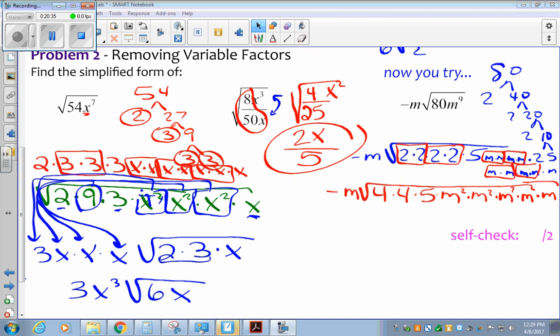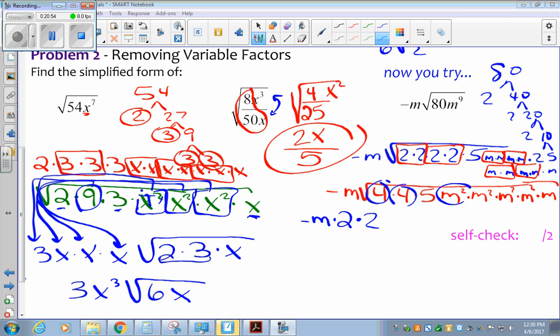Okay, what's the square root of 4? 2. Square root of 4 is 2. 5 is not a perfect square, so he stays inside.